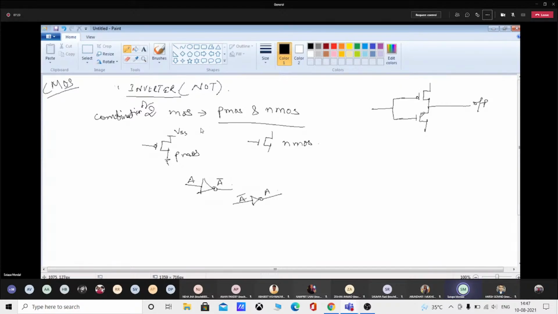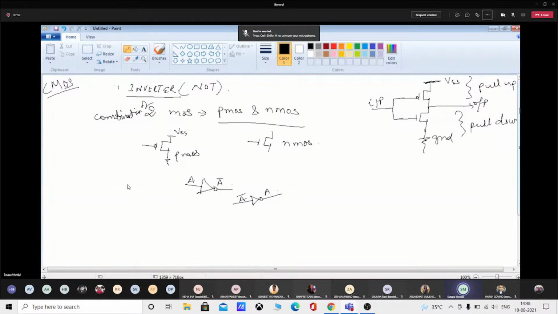So this P and N will be treated, we will make it short circuit and we'll put here the input. Okay, and this is the potential, that is VSS. Okay, and this is the ground. Okay, and this is your output. So this part is the pull up and this part is pull down.